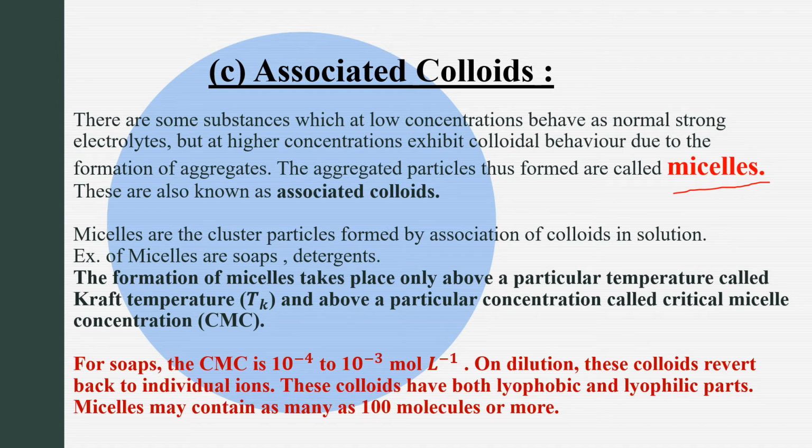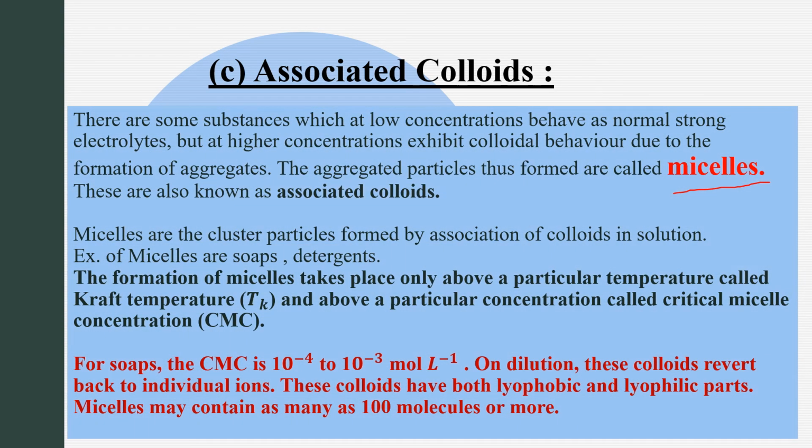Micelles are cluster particles formed by the association of colloids in solution. Examples of micelles are soaps and detergents. The formation of micelles takes place only above a particular temperature, and that temperature is known as Kraft temperature.